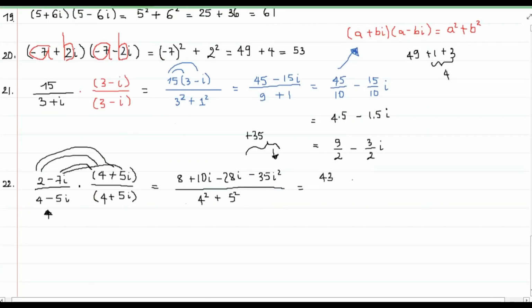Now for i, 10i minus 28i, that will be negative 18i, over 41. This one is 16, this one is 25. And we redraw it as 43 over 41 minus 18 over 41i.